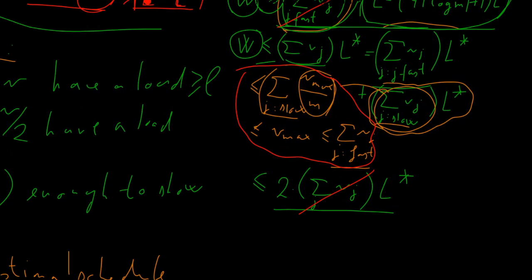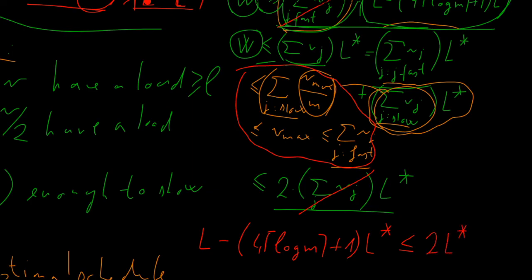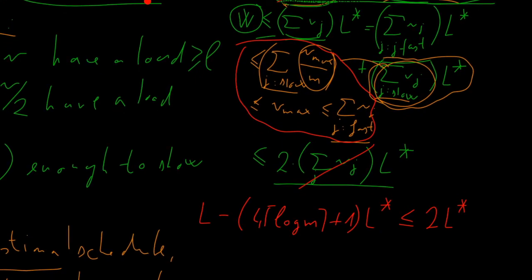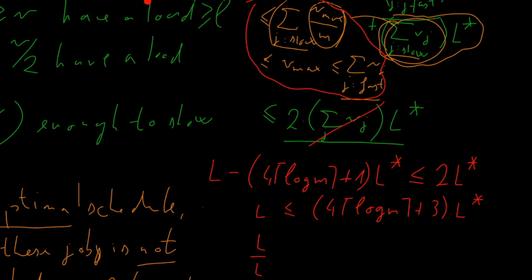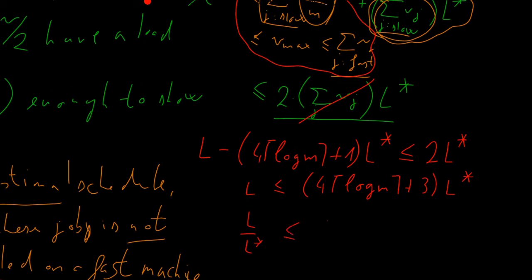So I can write that L minus 4 times log m plus 1 times L star is at most 2 times L star, which is great because this is the same as saying that L is at most 4 times log m plus 3 times L star, which is the same as stating that L divided by L star is at most 4 times log m plus 3.